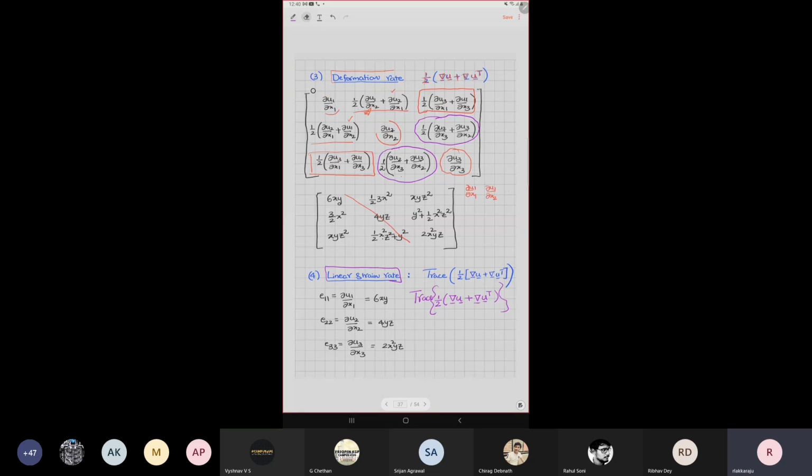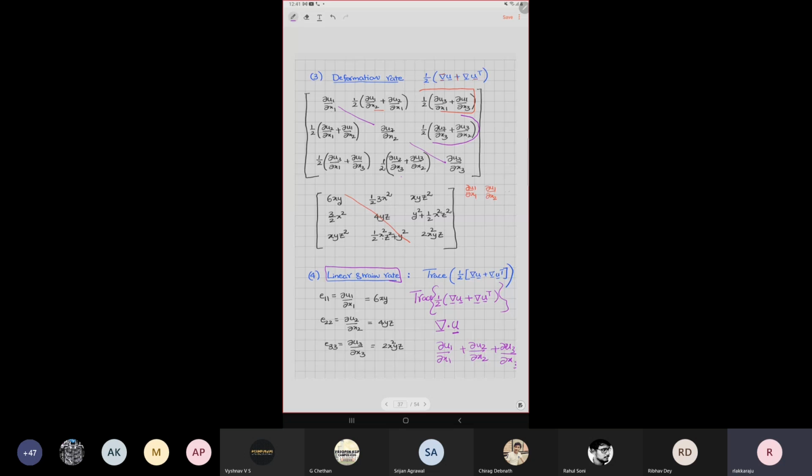That means if I pick this one plus this one plus this one, which is nothing but divergence of u. If you look back, when we calculated volumetric strain rate, we got del u1 by del x1 plus del u2 by del x2 plus del u3 by del x3. This is what we call volumetric strain rate.